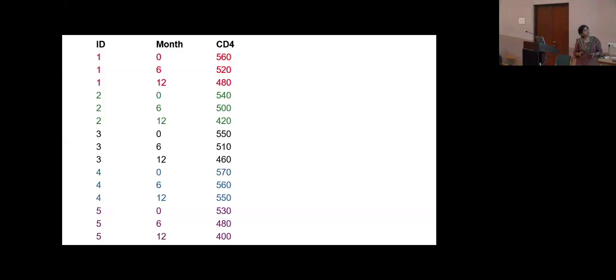So here I have a data where I have 5 individuals. Okay, the same 5 individuals for whom you calculated the survival probability. But ideally, you see, can you tell me what is happening with these 5 individuals in terms of the CD4 count? Everyone's CD4 levels are coming down.